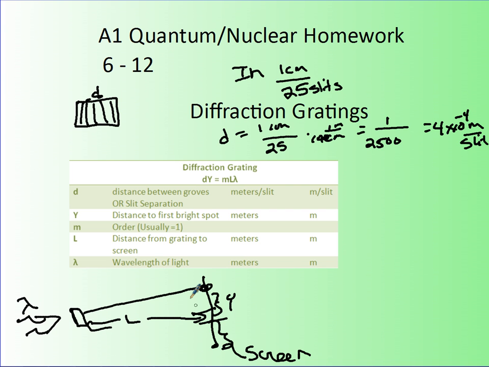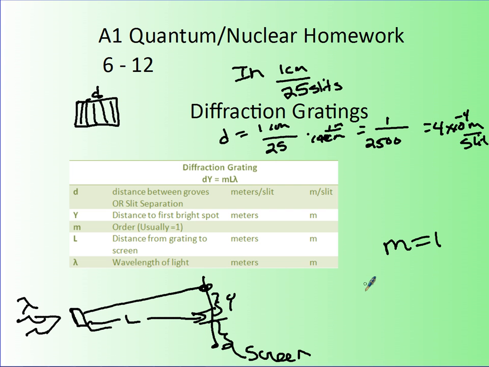The relationship is d y equals m lambda L, where d is the distance between grooves, y is the distance to the first bright spot, m is the order. Now, the order is always 1. We always look for the first one. We're not going for other ones. L is the distance from the grating to the screen, and lambda is the wavelength of light.